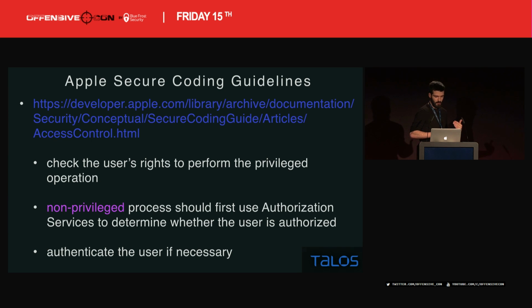It says a non-privileged process should first use authorization services to determine whether the user is authorized. Well, as we've seen before, it seems as if Apple does not think that somebody can arbitrarily replicate these communications. If the non-privileged process uses authorization services, but you don't have to use the non-privileged process, you can use your own process. And so I'm believing some of the issues may be stemming from a not clear guideline on Apple's site.